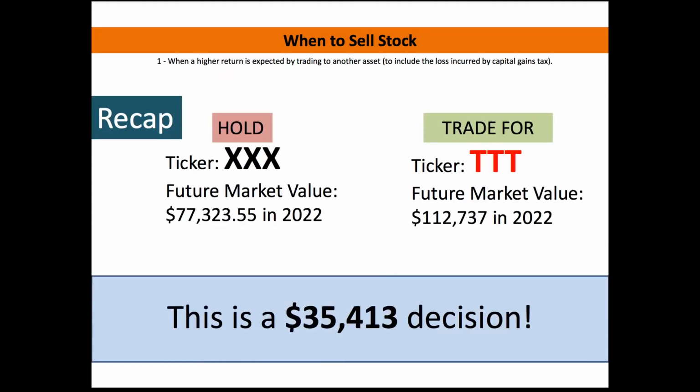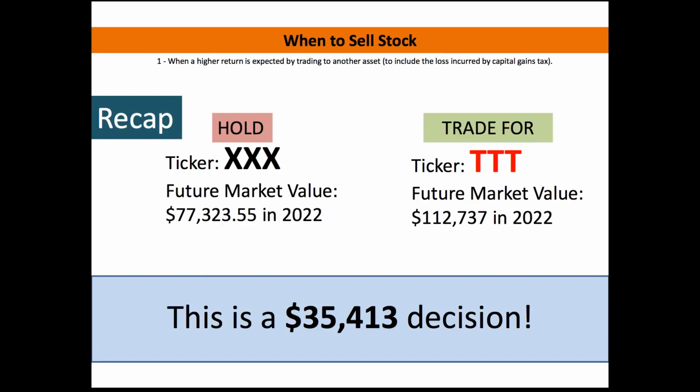So let's go ahead and recap what happened here. Okay, if we decided that if we continue to hold company XXX based off of all the new trends in the data, that our future market value in 10 years would be worth $77,000. And then we went and calculated, after we pay the capital gains that we earned off of company XXX, and then we traded it into company TTT, that the future market value would grow to $112,000 in that same time period.